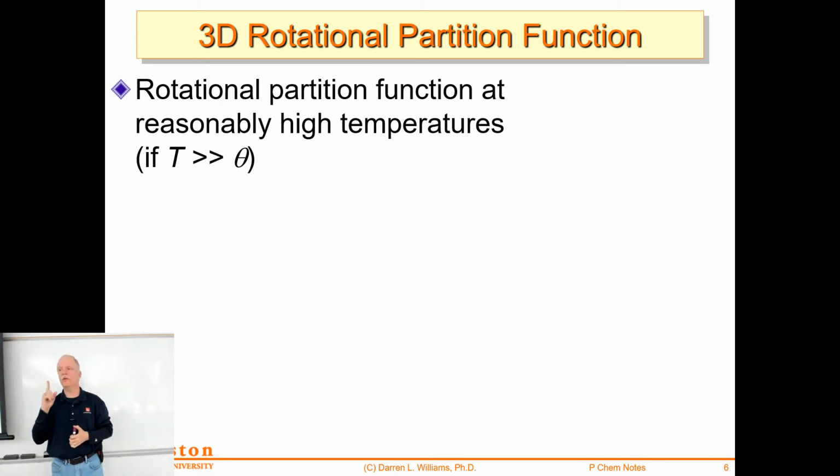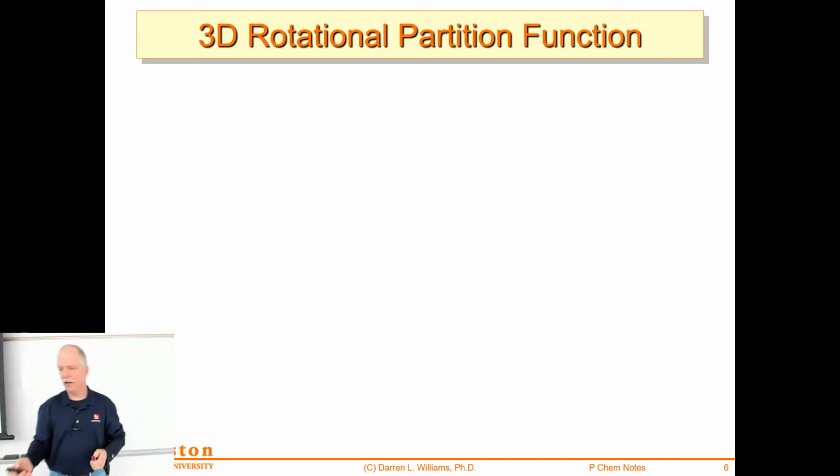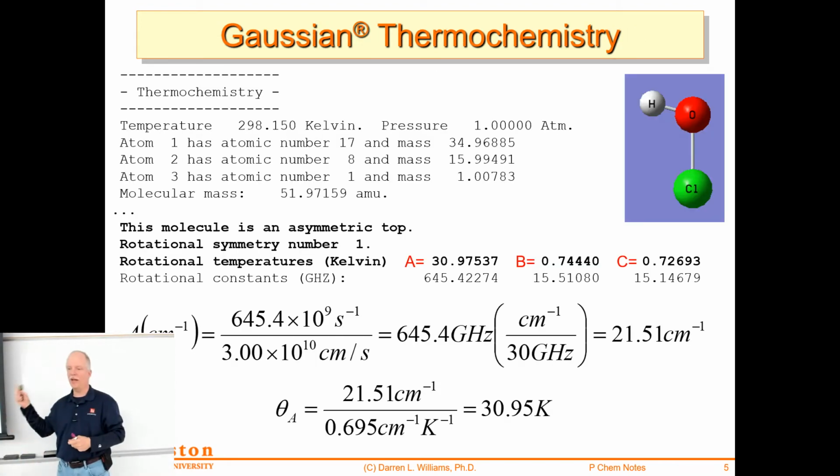So even though we talk about one rotational constant for a diatomic, there's really two. They're just the same. We label the rotational constants A, B, and C, and for a diatomic, A is not defined, and B equals C, and so we call it B. So that's where the letter B came from. If you notice here, for an asymmetric molecule, we have A, B, and C. We have three rotational constants.